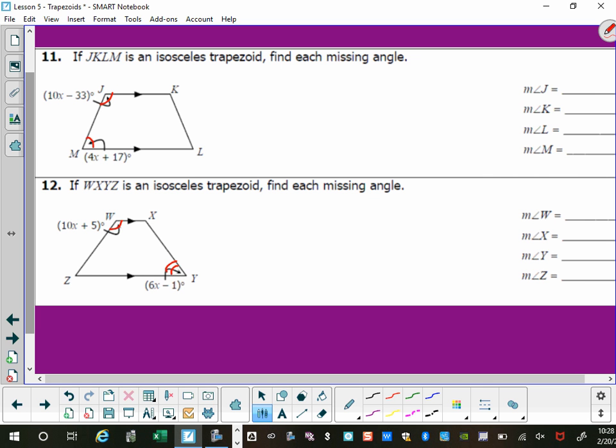They're not congruent. If I had a trapezoid, this is 60 and that's 120, this would be 120, that would be 60. Opposite angles are also supplementary. So those two angles, this one plus this one will also equal 180.